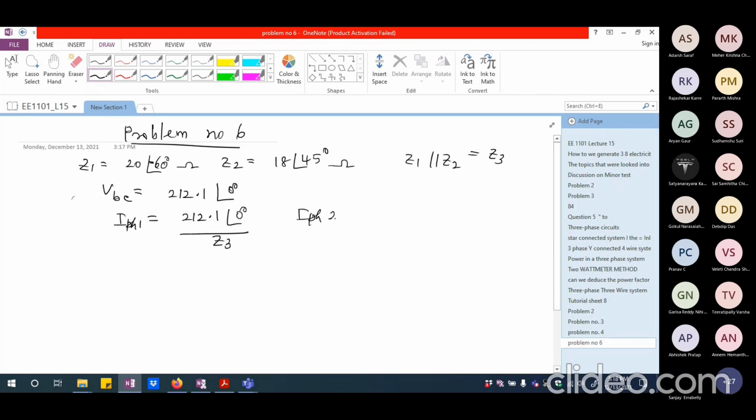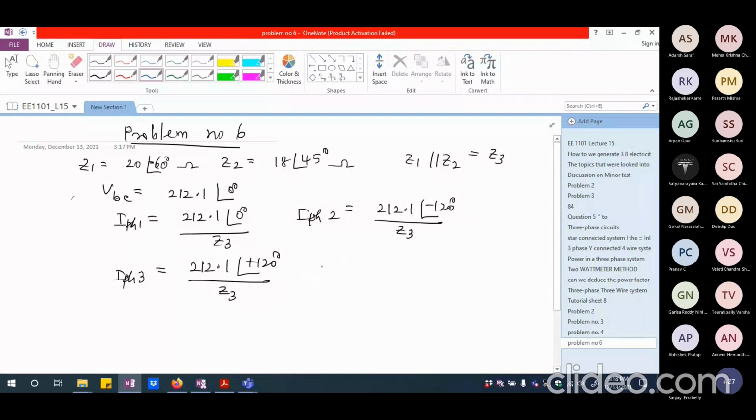Then I phase 2 should be equal to 212.1 angle minus 120 divided by Z3. And I phase 3 will be equal to 212.1 angle plus 120 divided by Z3. Okay, so I can directly calculate now I phase 1, I phase 2, I phase 3, which will be exactly equal in magnitude. Phase angle will change.